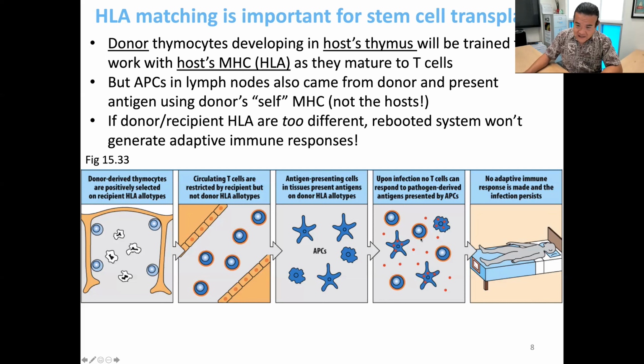Because the T cells that are being made don't recognize the MHC that the rebooted dendritic cells are using to show them. And as a result, it's kind of sad because in a way, even though the stem cell transplantation looked like it was a success, over time you realize, oh, it wasn't, because the person doesn't really have a strong adaptive immune system anymore, right?